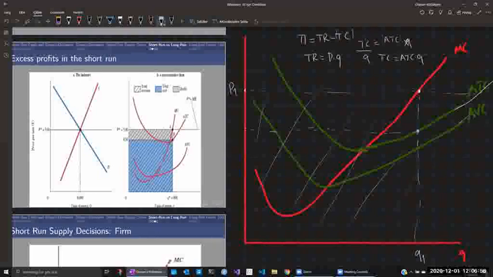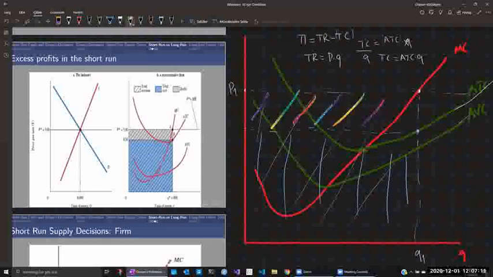Then this lower square gives me the total cost. And the difference between total revenue and total cost, which is this part over here, gives me the total profit. So this is one case that can occur in the short run.